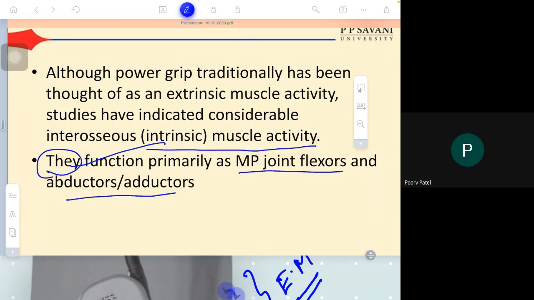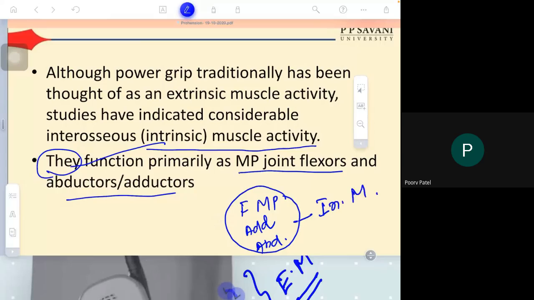Clear? Intrinsic muscle is used to flex the MP joint, to adduct and abduct. This function is required. This is the function of intrinsic muscles. Clear?